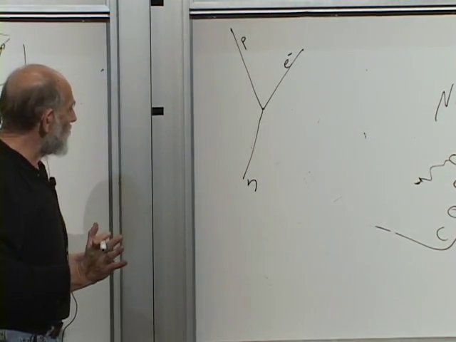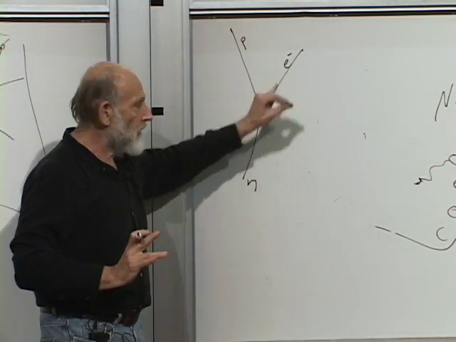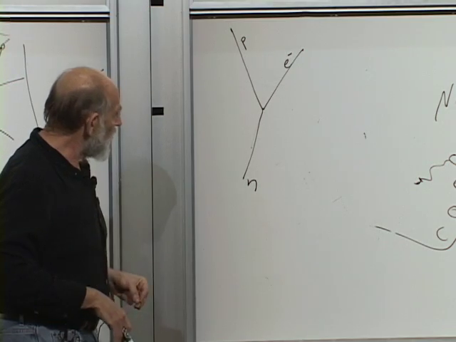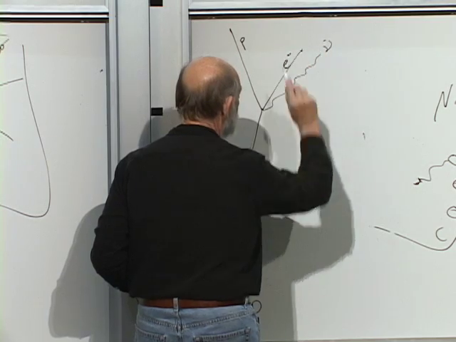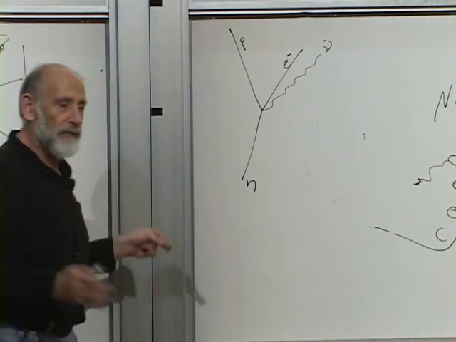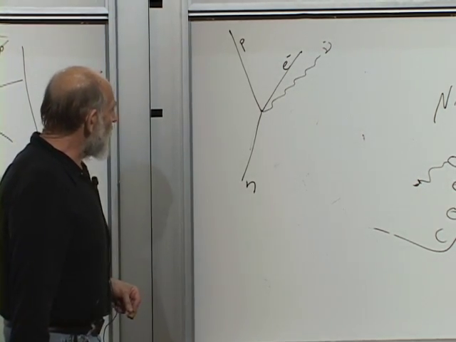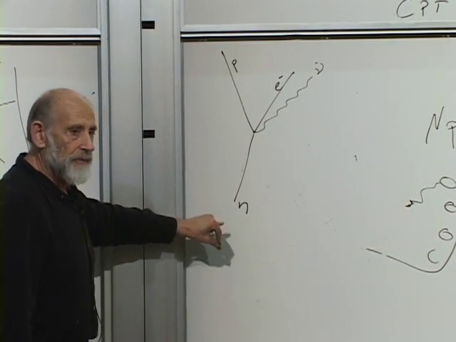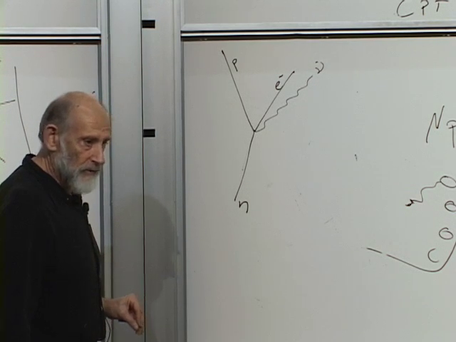So far, it's a perfectly good process. An electrically neutral particle becomes a plus charge and a minus charge. And also at the same time, an antineutrino is emitted. For technical reasons, the antineutrino has to be there. This is a process, and it does happen.